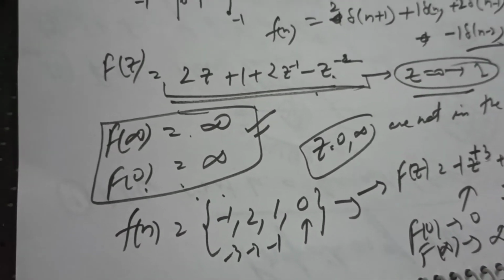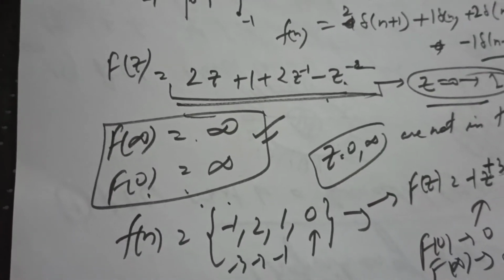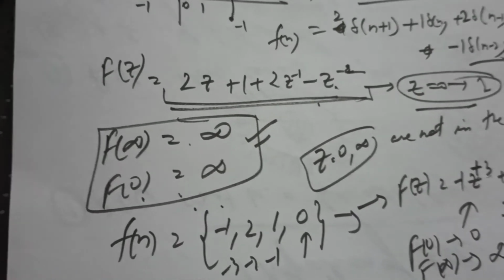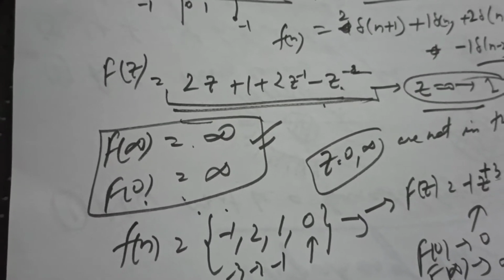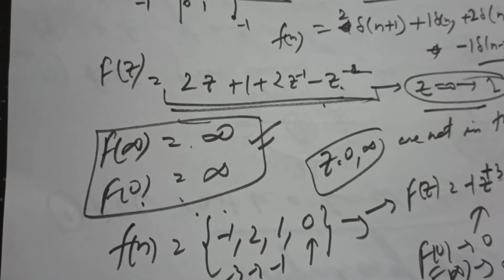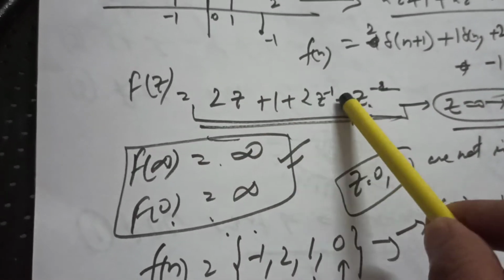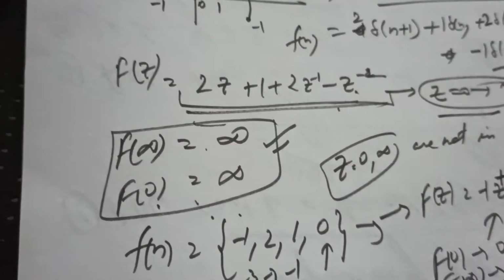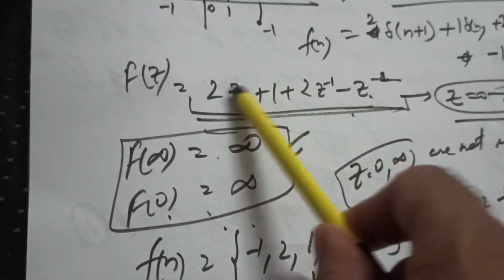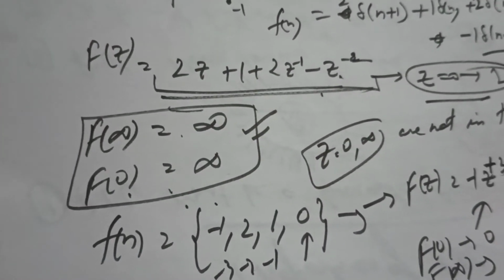Again, if we keep z equals infinity, then at z equals infinity, this term will become 0, this term will become 0, but this term will go to infinity.